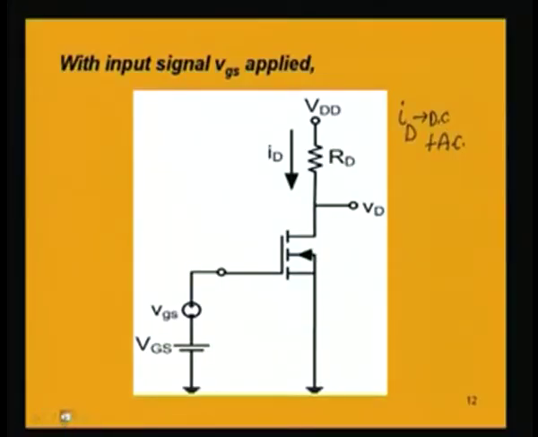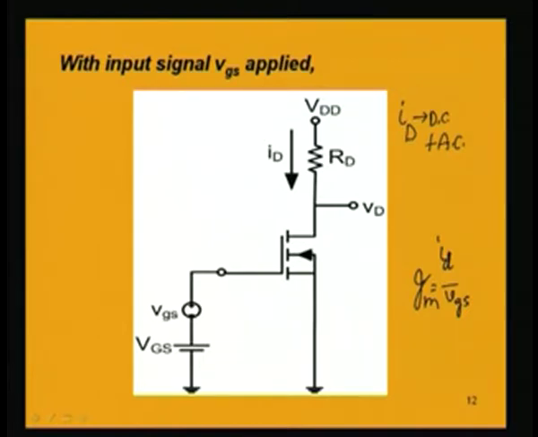Now, the transconductance, which is symbolically denoted by small g, small m, is given by the ratio between the small drain current, that means the small signal or AC drain current, and the gate to source AC voltage.